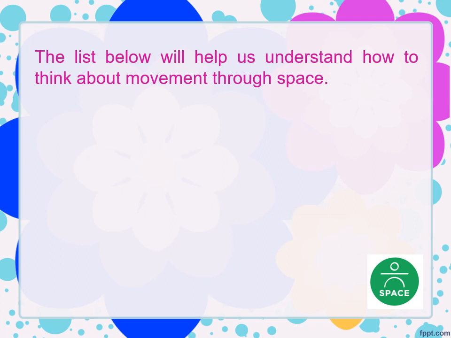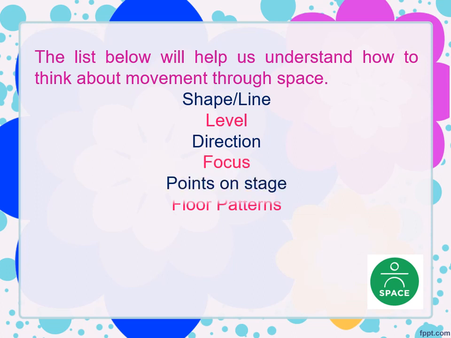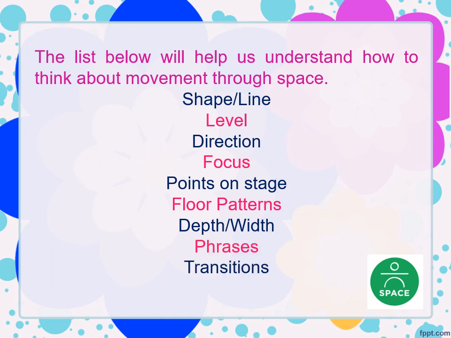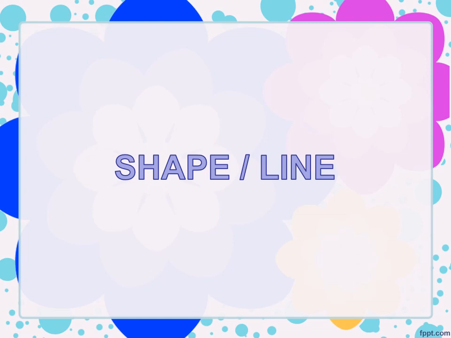The list below will help us understand how to think about movements to space: shape or line, level, direction, focus, points on stage, floor patterns, depth or width, phrases, transitions. Shape or line.